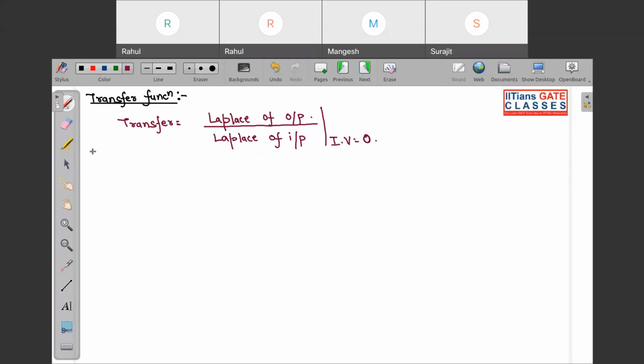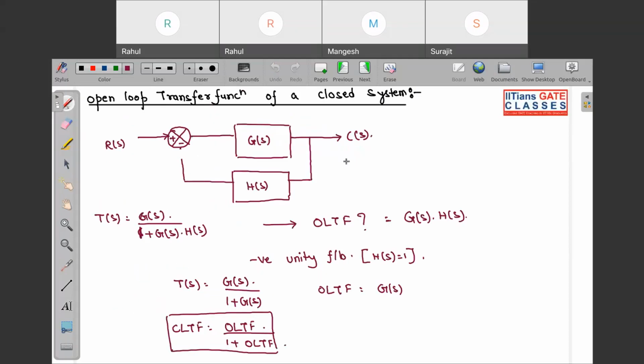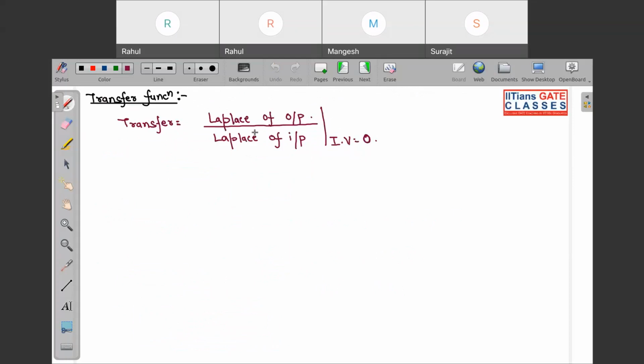So where does this definition come from? Basically any system, like this G(s), any system is modeled using a set of differential equations.